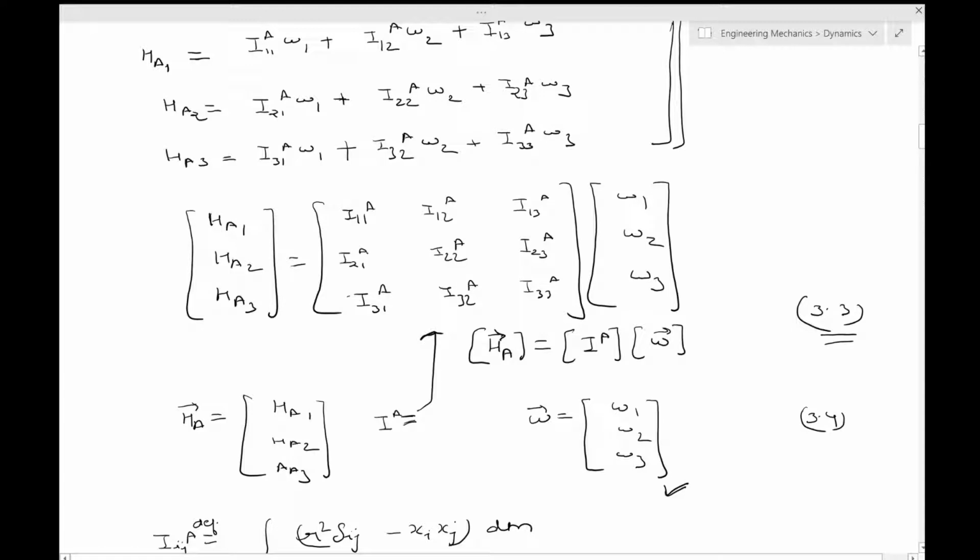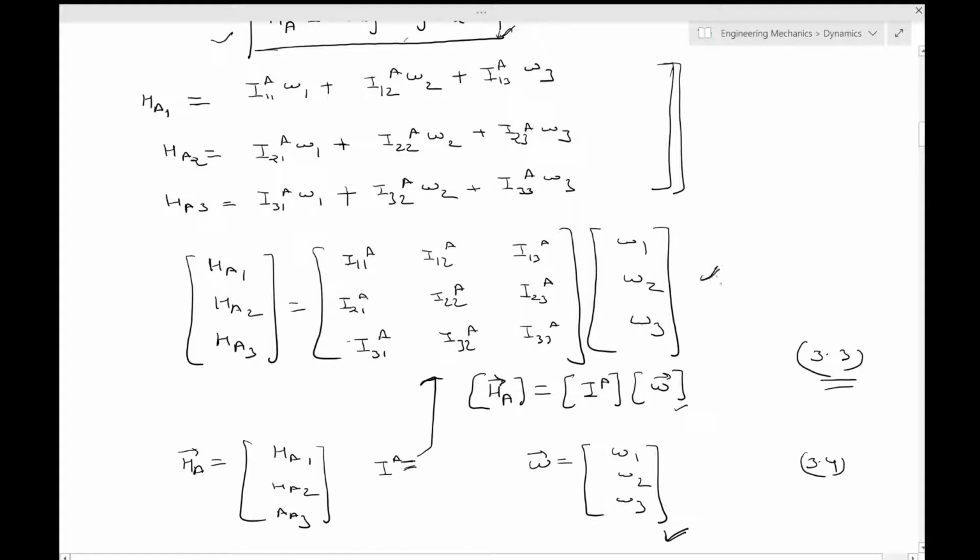So H_A is a vector, and it is written in this particular form. In this matrix form, the three components of H_A, which are H_A1, H_A2 and H_A3, can be written like this.